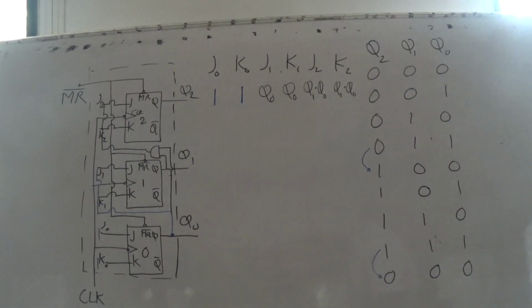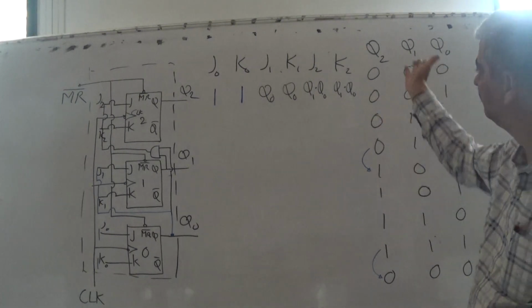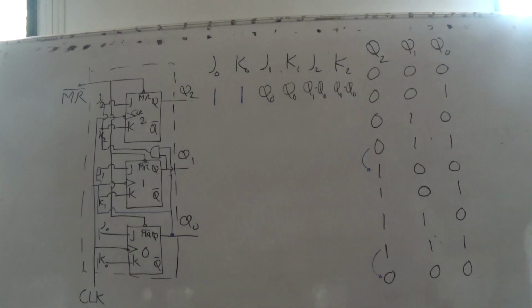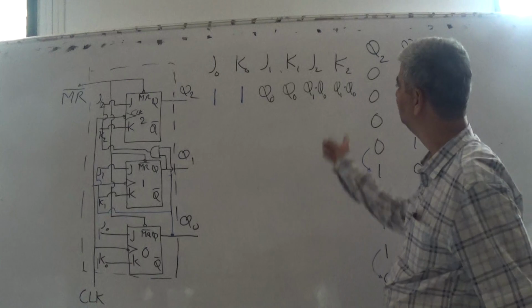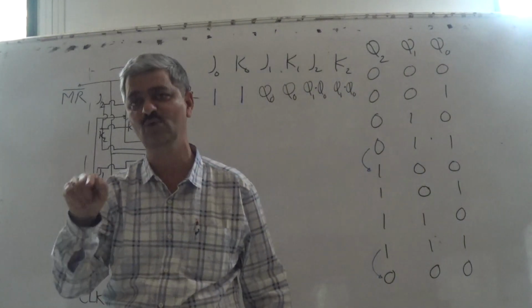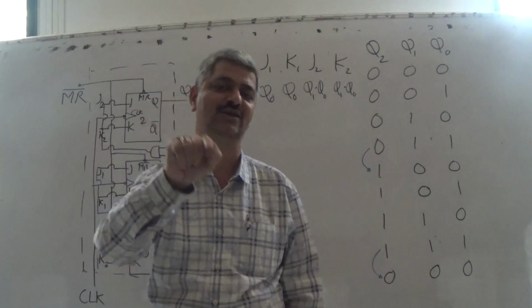So this is the design of a multiple bit binary up counter. By the same logic, if Q3 comes, everything will remain the same. For J3 and K3, you will need J3 to be Q2, Q1 and Q0.